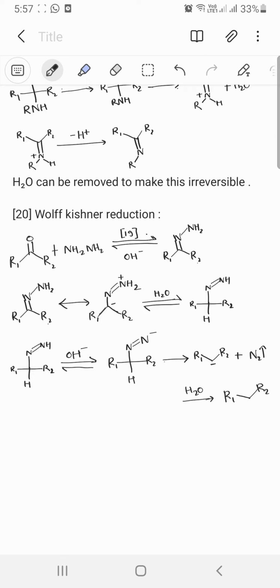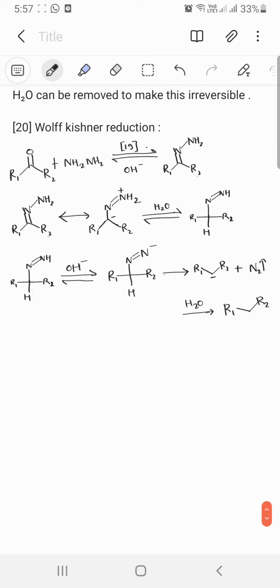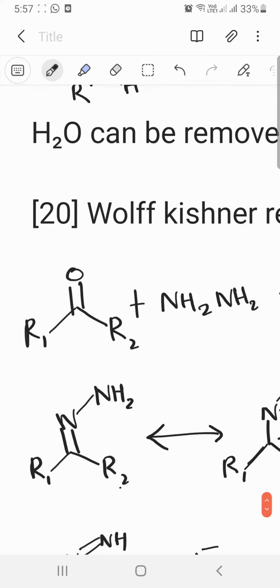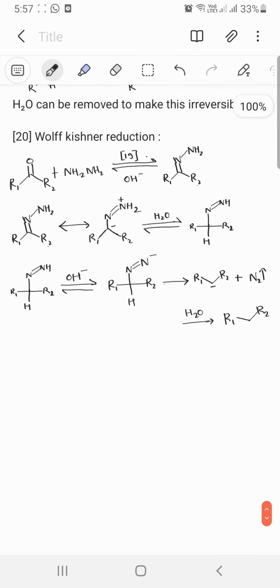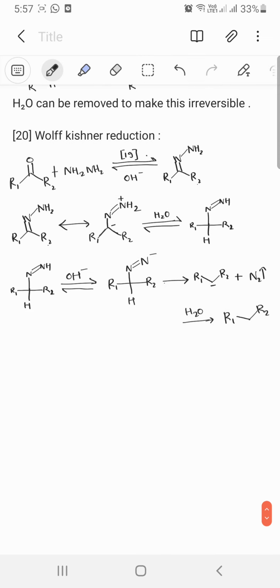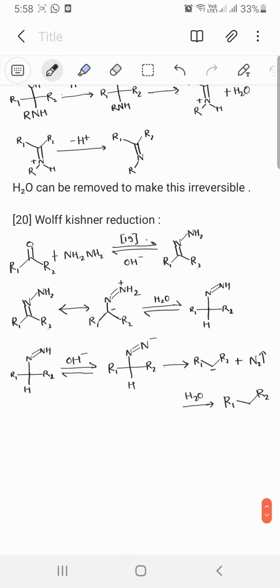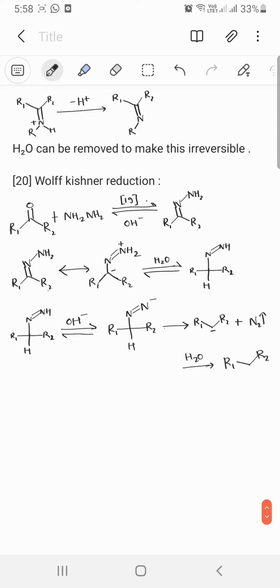Yeah. And then it just goes as N2 and you get this thing. So in Wolff-Kishner reduction, it's very much similar to the Clemmensen reduction, that you are removing the carbonyl and you're not doing anything to other things, right? I don't know how this works on other things, but it definitely does work on carbonyls.